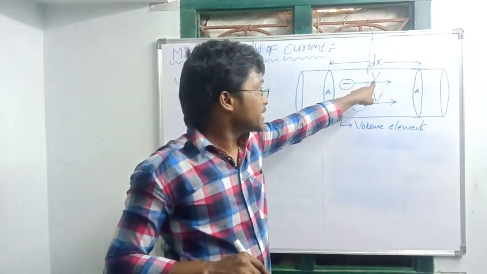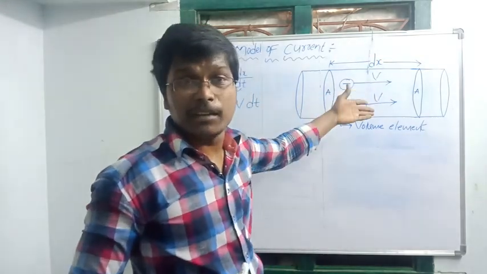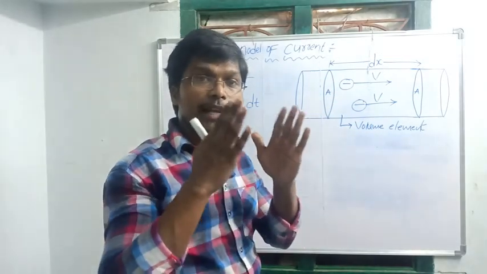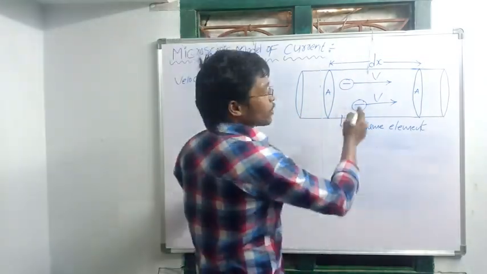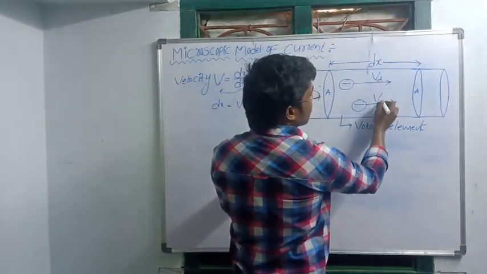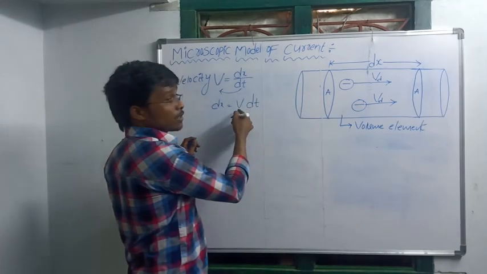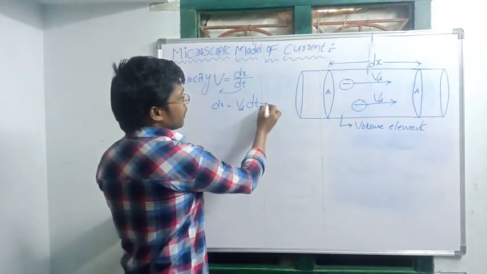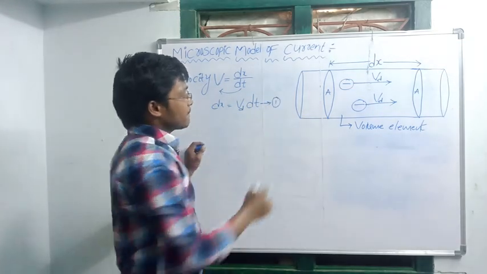So instead of this v I am writing v suffix d, and here also instead of v I am writing vd. Give it a number, equation 1.